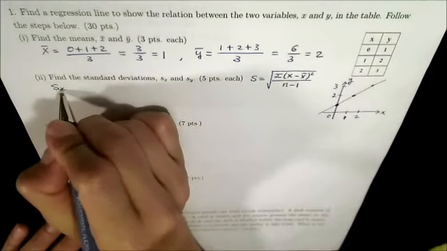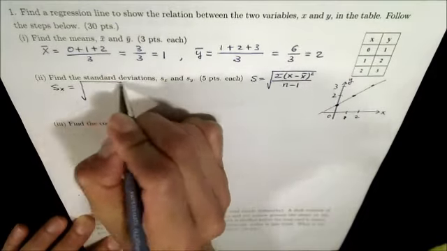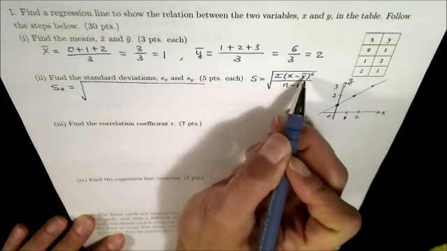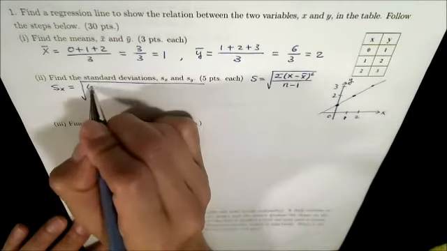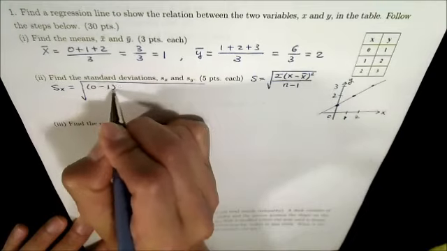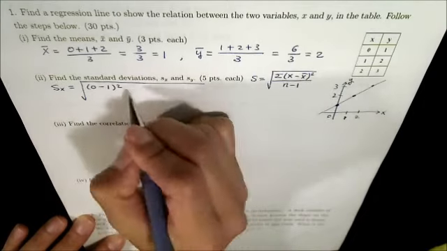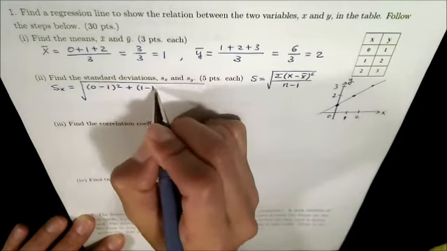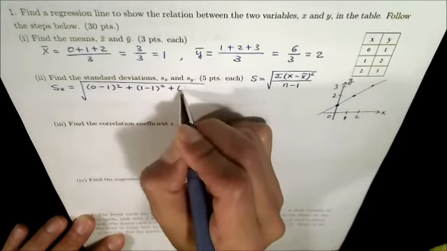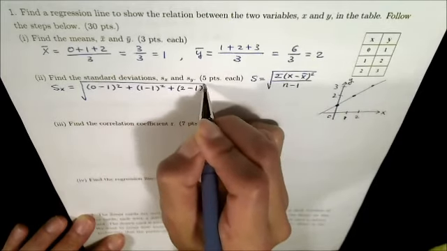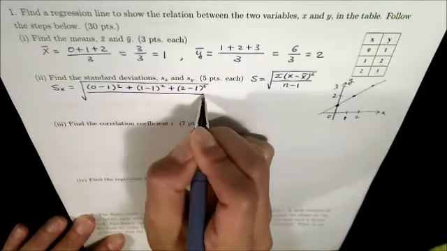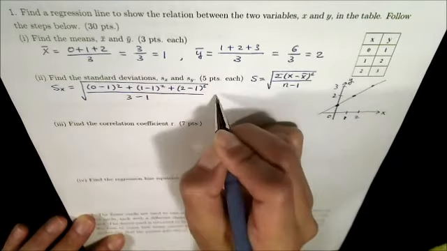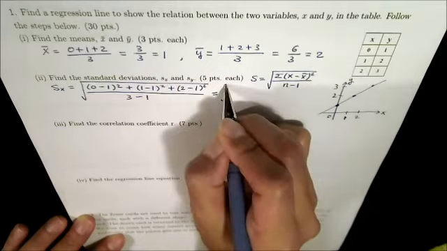So S of x is the square root of: first variable 0 minus x bar squared, plus 1 minus 1 squared, plus 2 minus 1 squared, divided by n minus 1, which is 3 minus 1.